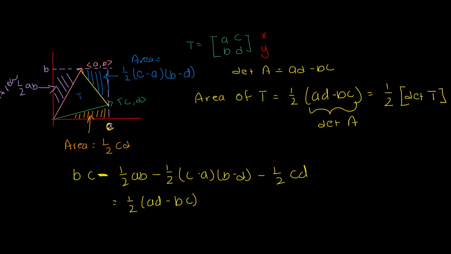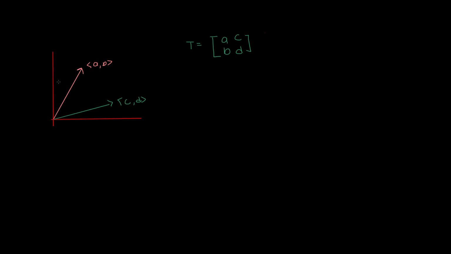Now, these were a bunch of letters. Let's find a triangle defined by numbers. If I have this triangle, and my T is going to be 3, -1, 4, and 2.